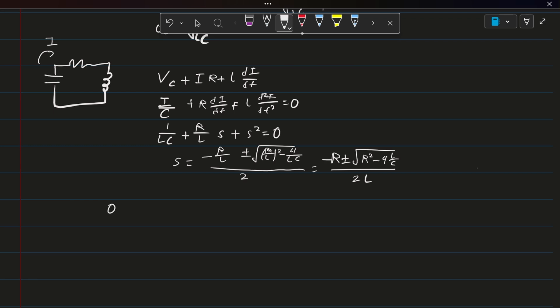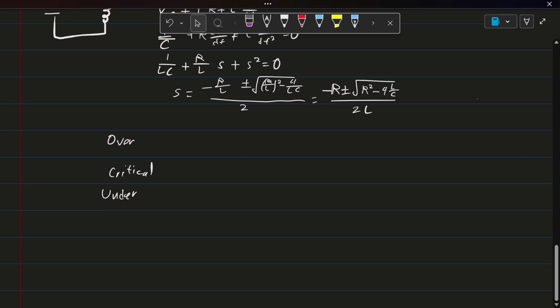So there is overdamped, underdamped, as well as critically damped. For an overdamped solution, R squared will be greater than 4L over C, so R is greater than 2 times the square root of L over C. And this condition applies for the other cases as well, depending on the inequality.